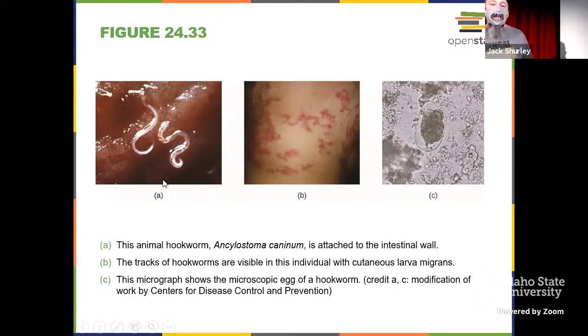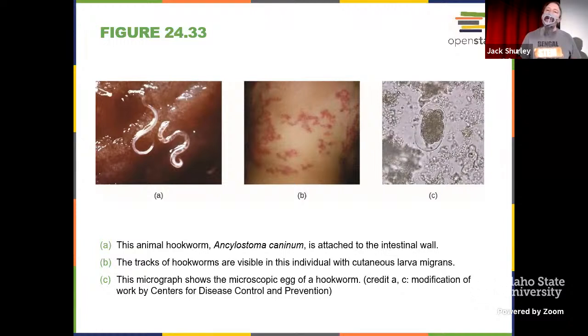In this case, it's the larval stage, juvenile forms of these worms, that are in the environment. Bare skin coming in contact with the soil sets the stage for the larvae to penetrate through the skin, and with the wrong species, it stays localized within the skin.